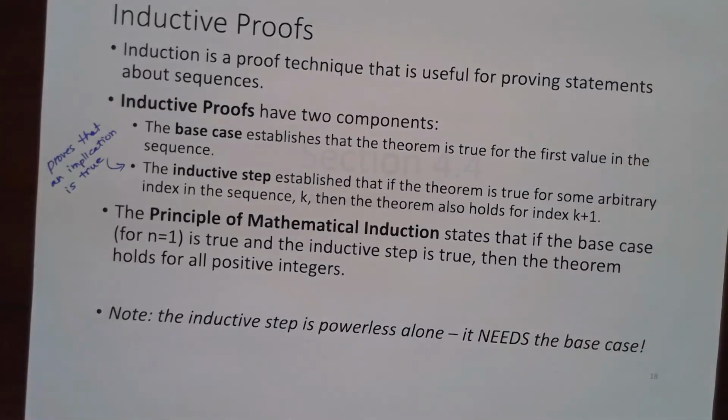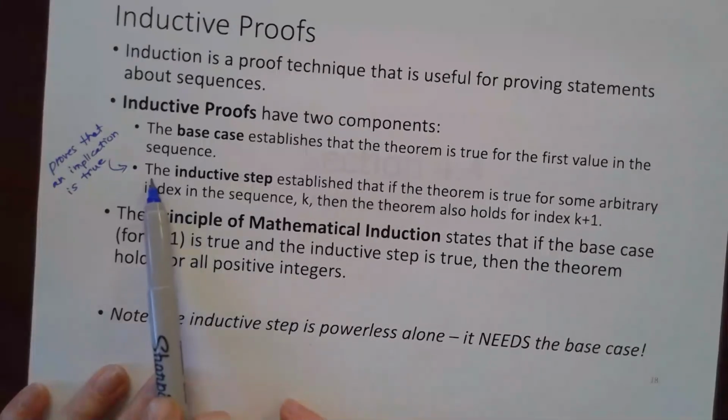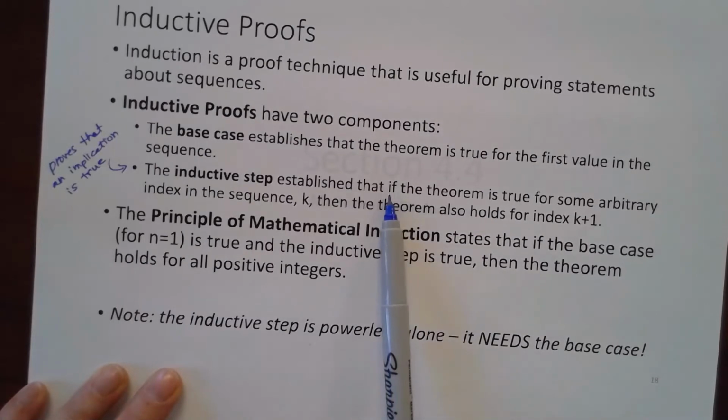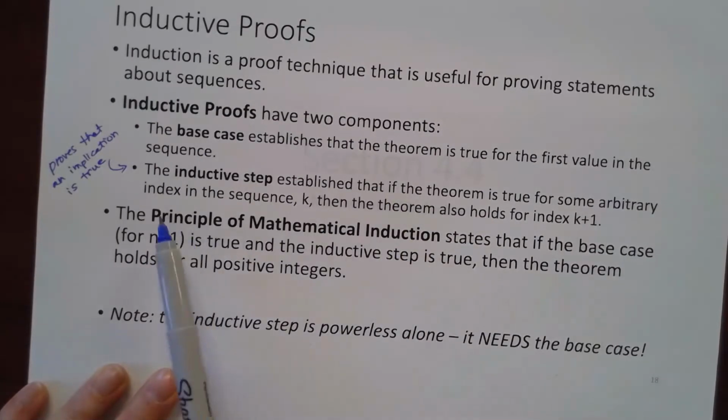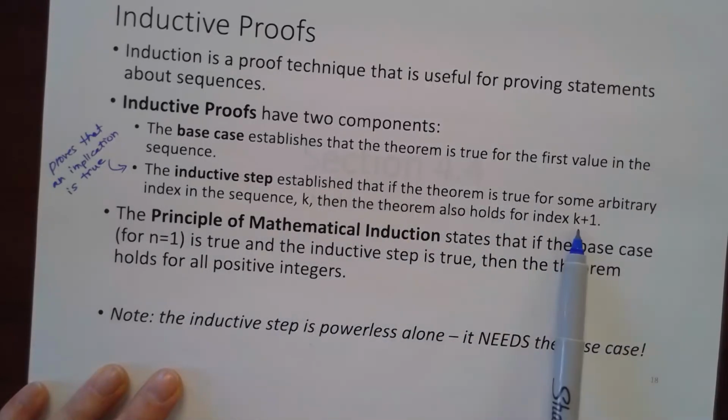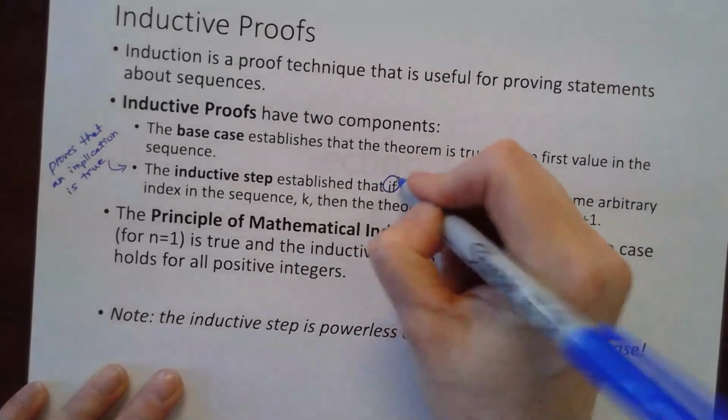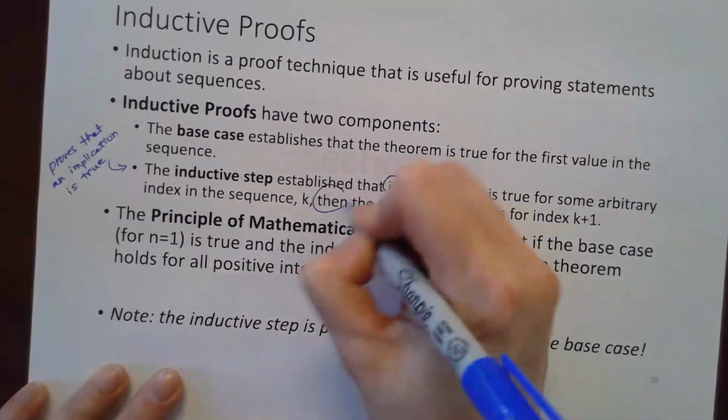So we'll talk about this, but in the inductive step, what we do is establish that if the theorem is true for some arbitrary index k, then the theorem also holds at index k plus 1. So notice the if and the then.